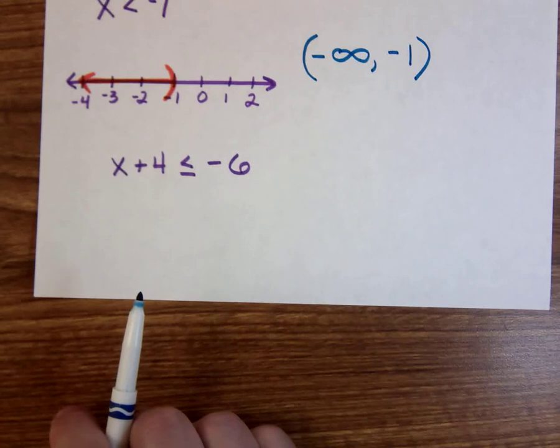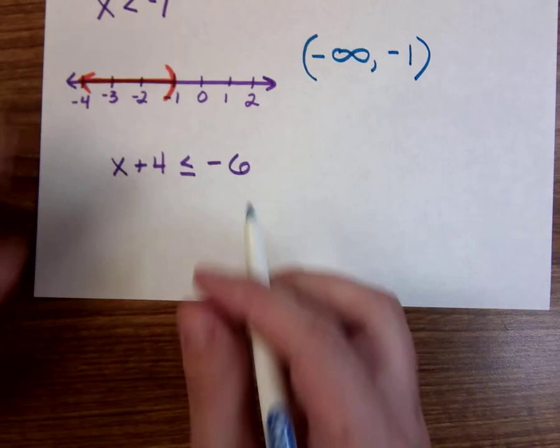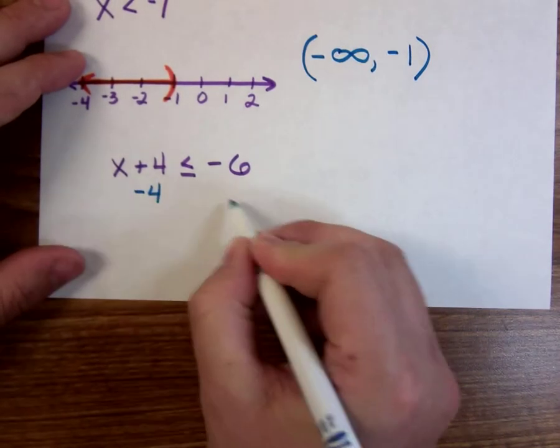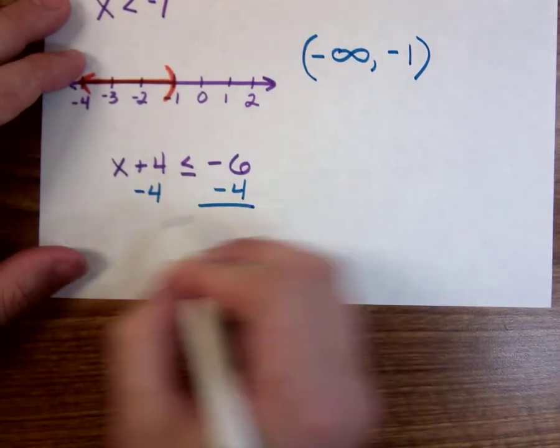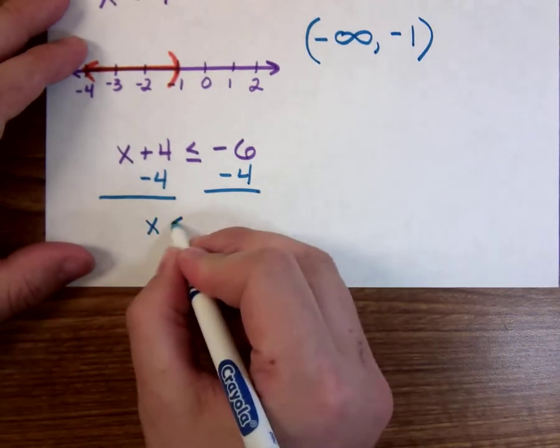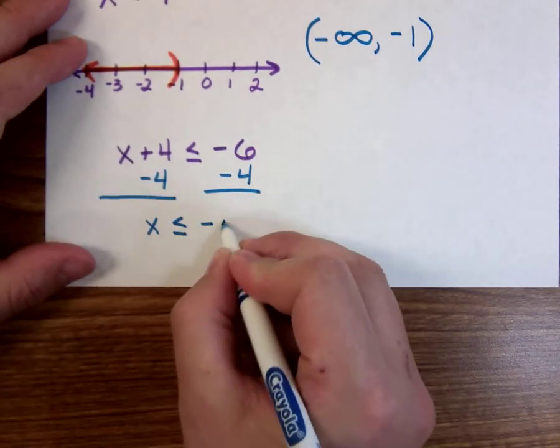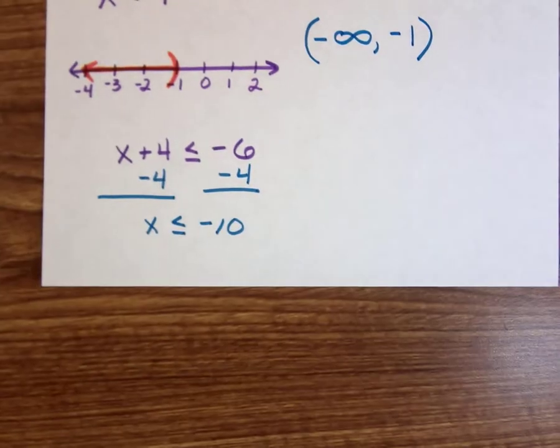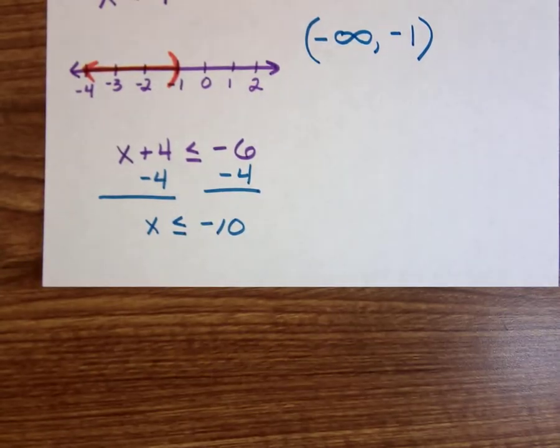I'm still going to solve this just like I've solved every other problem. I want to get x by itself. I'm going to subtract 4 on both sides. X is less than or equal to -10. It's not any different from an equation. Just a different symbol in the middle. But calm down, everybody. It's going to be okay.